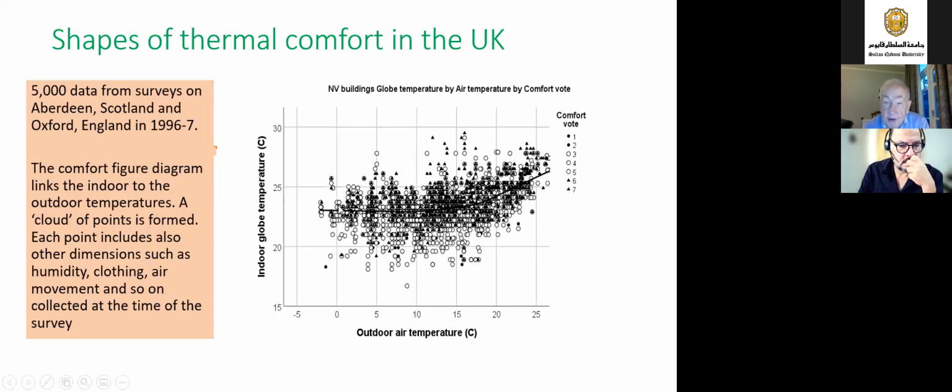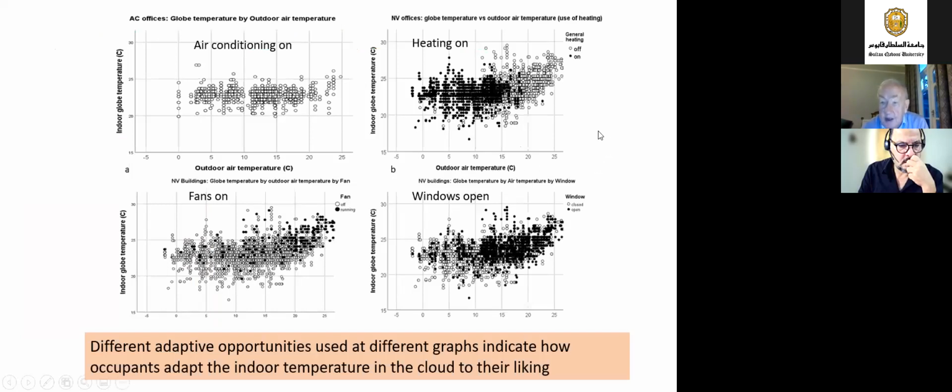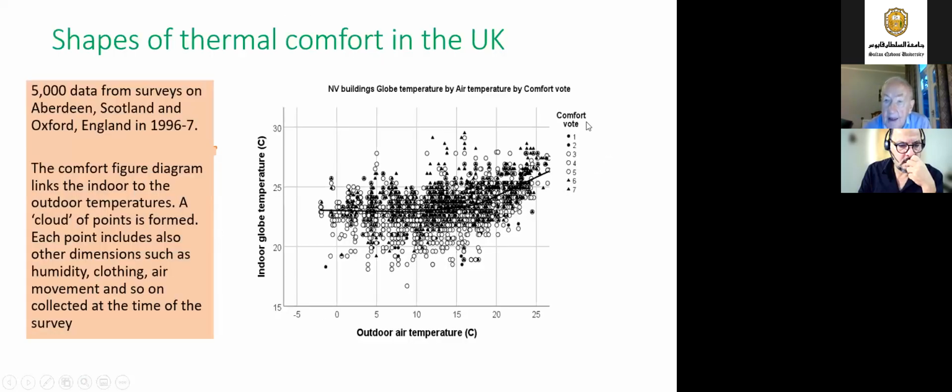And the other thing I'd like you to notice is that at about 15 degrees outdoor temperature, this is in the UK, the outdoor temperature is along the bottom here, and this is the indoor temperature.